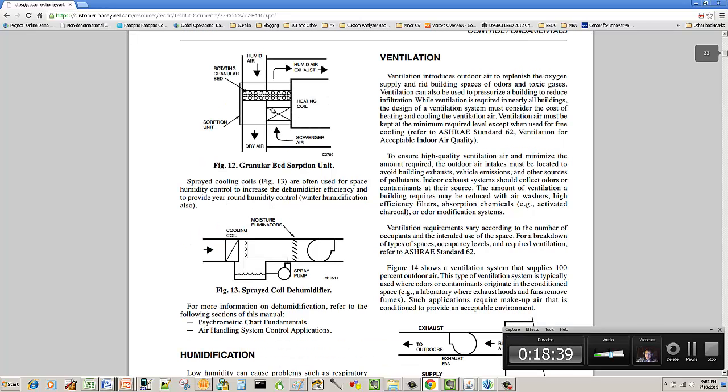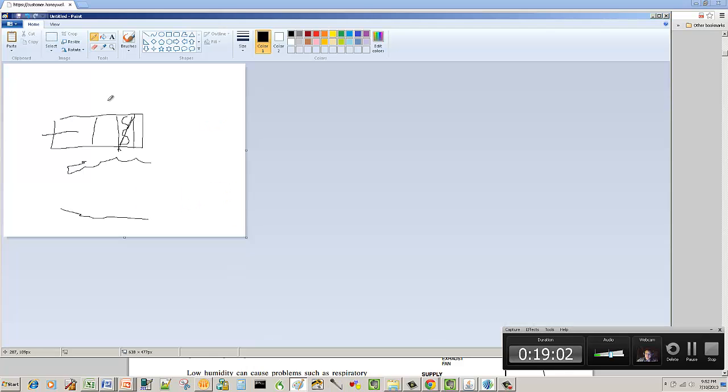We're not going to talk about this granular bed absorption unit right here. We're going to talk about how it's done in most cases, which is through a chilled water coil with some reheat. So the air goes through the chilled water coil. Let me see if I can draw you guys another wonderful picture here.